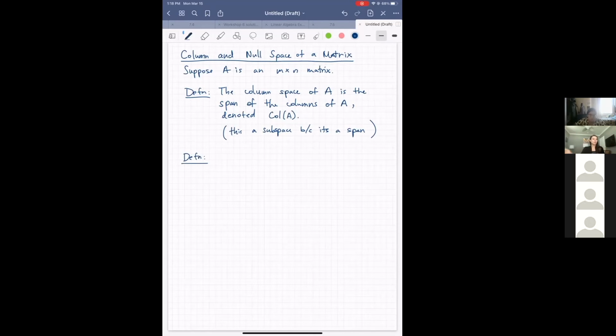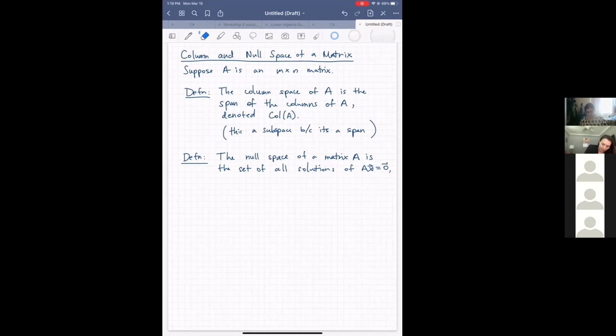Okay. So the other space related to a matrix is called the null space. The null space of a matrix is going to be the set of all solutions of the homogeneous equation, so Ax = 0, this homogeneous equation that we've been talking about.